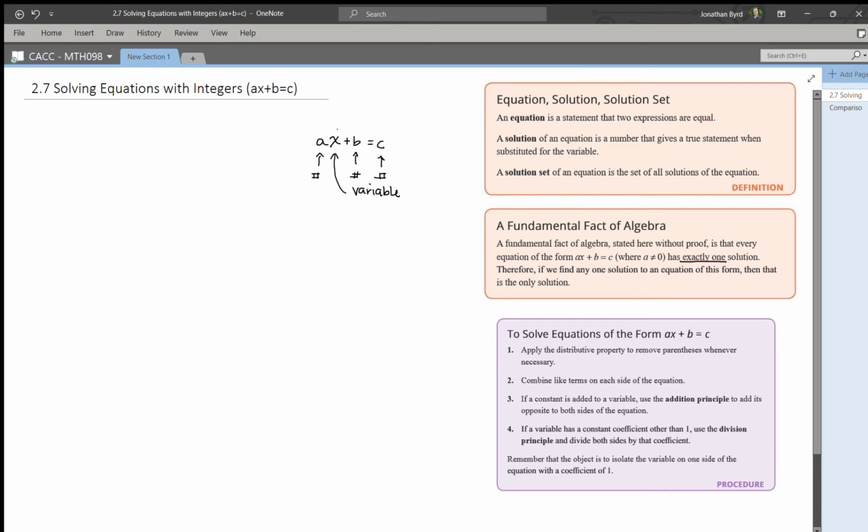The fact that X is written without an exponent here means that I can assume the exponent value for X is 1. Remember that X to the first power is just X. And it's this value that tells us that the equation has exactly one solution.